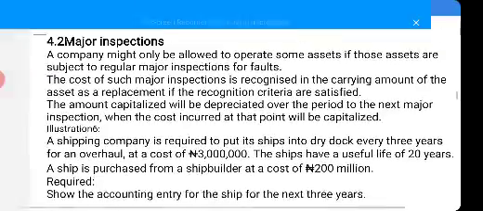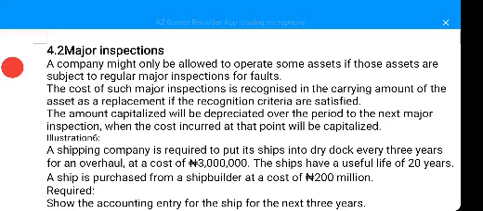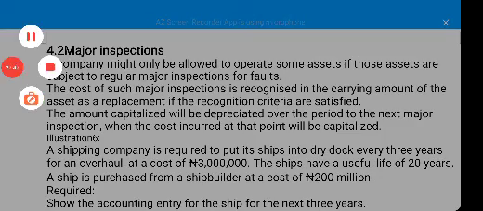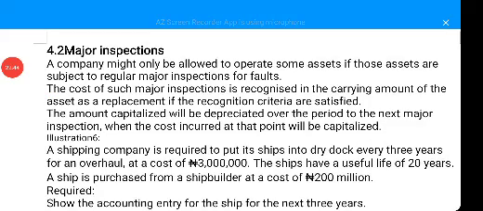Now, what is major inspection? A company might only be allowed to operate some assets if those assets are subject to regular major inspections for faults. Because there are some assets that when you purchase them, it's compulsory that they undergo major inspection and overhaul.